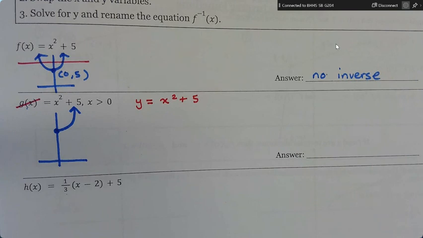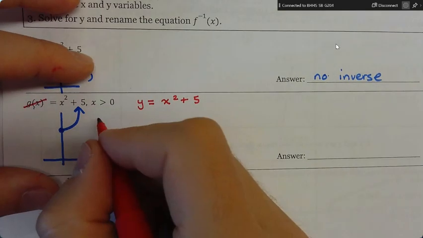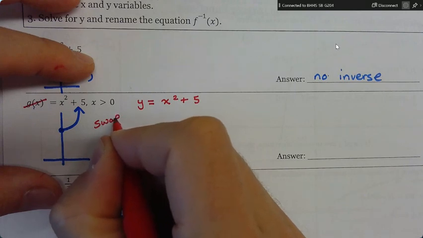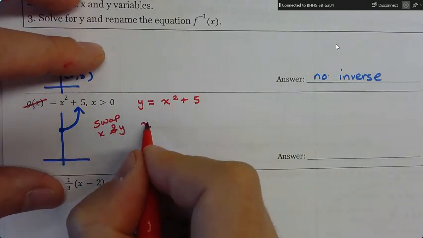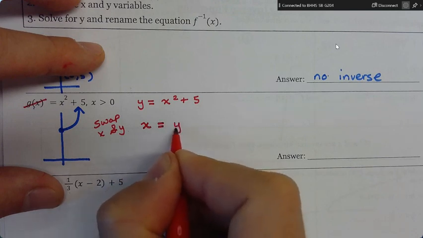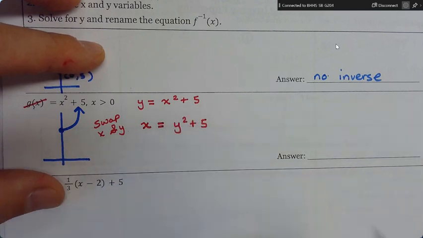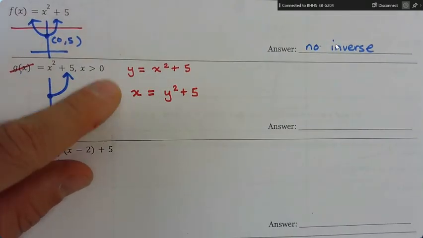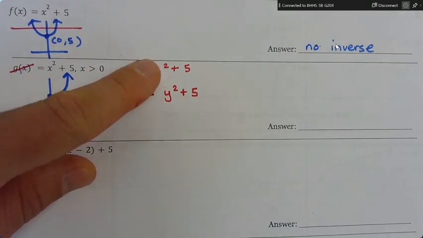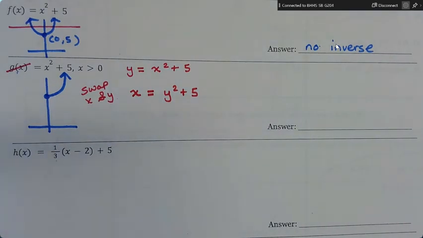You swap them. So step number 1 here is going to be to swap x and y. You're going to say x is equal to y squared plus 5. So see, I put the x here where y was. I put the y here where x was. There's our equation.